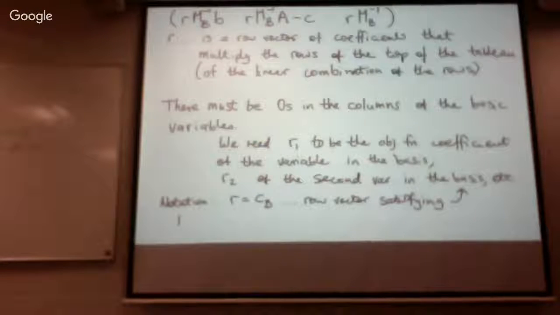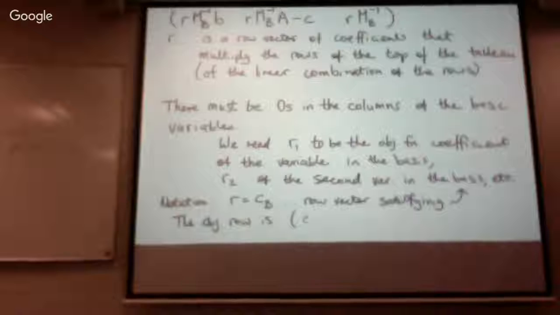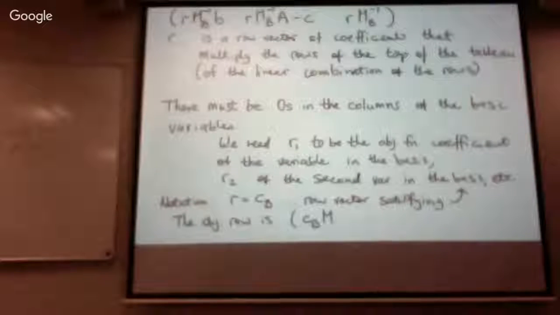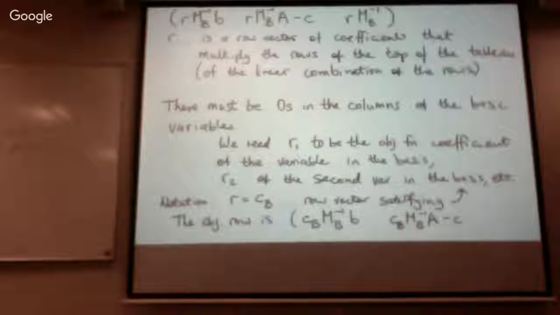And then the objective row is this. This is what we get in the val column, and in the x columns we get CB times the inverse of A minus C. Kind of complex formula.